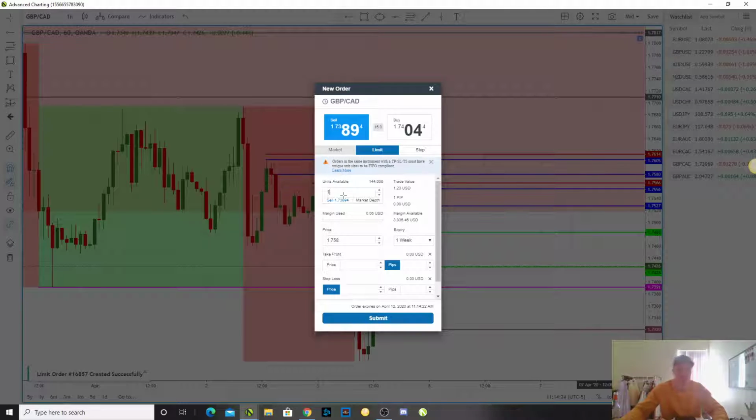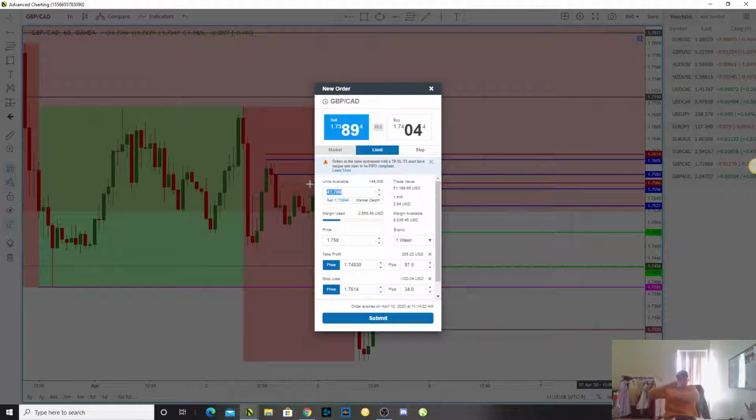And like I said too, these strategies trade independently of each other. It just happens that these kind of go together. Alright, so here we go.